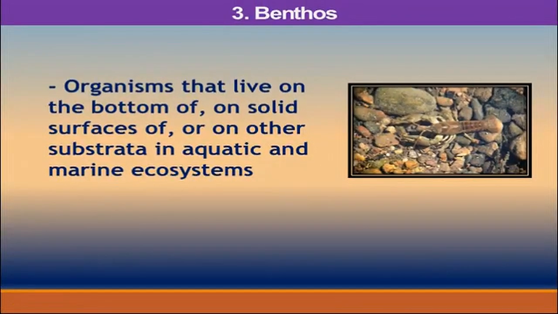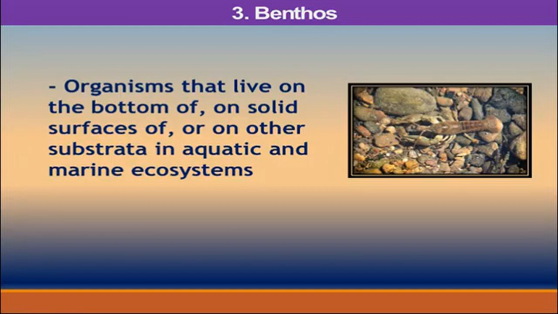And the third one is benthos. As you know, we have them in the marine biome also, benthos are the organisms that live on the bottom or floor of the water body, mainly on solid surfaces or on other substrata in aquatic and marine ecosystems.